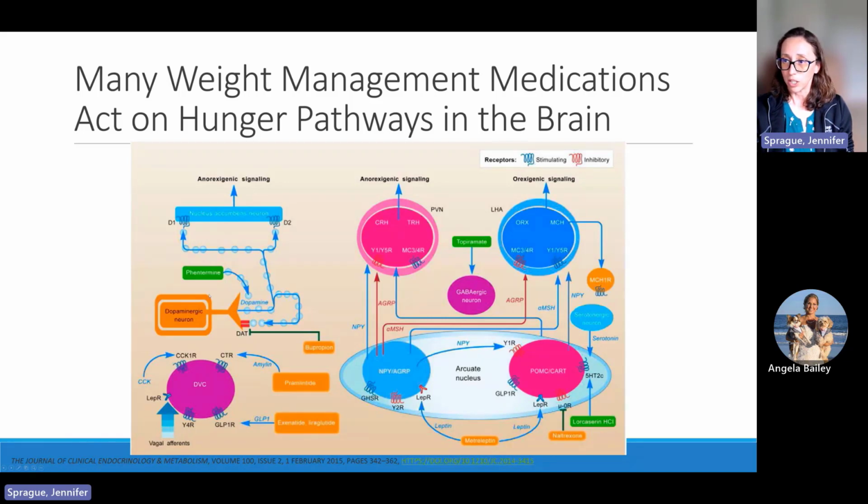We're going to talk about phentermine signaling on dopaminergic neurons and topiramate signaling on GABAergic neurons. They're anorexigenic. And then we will talk a little bit about signaling through alpha MSH MC4R receptor as a specific type of medication.